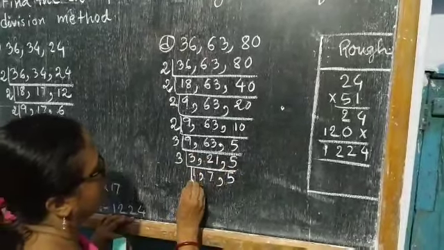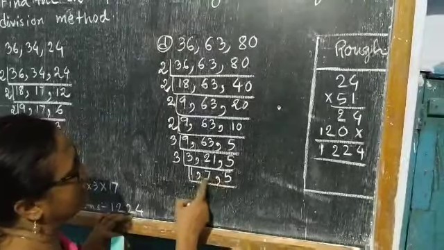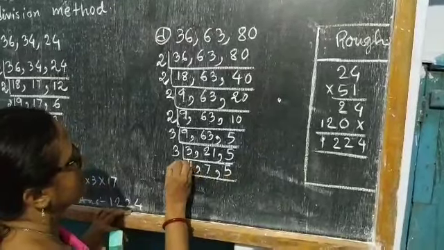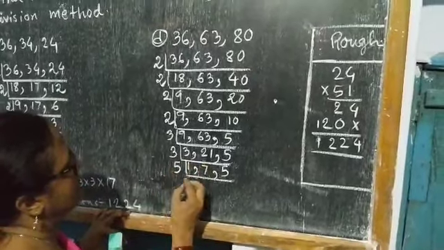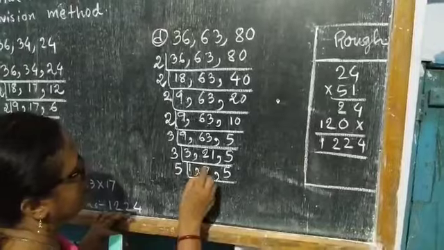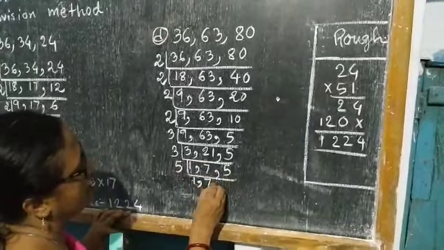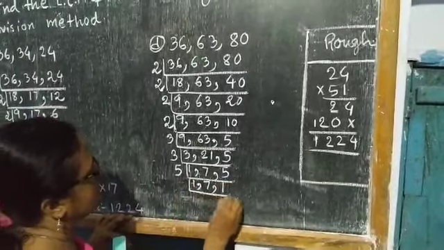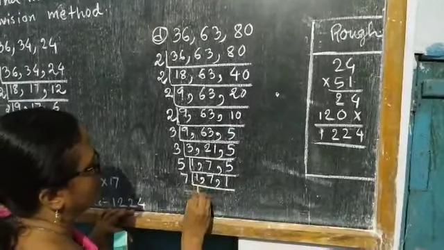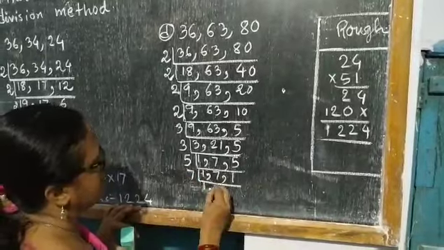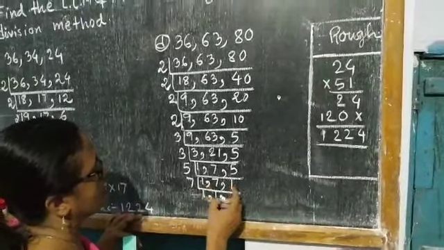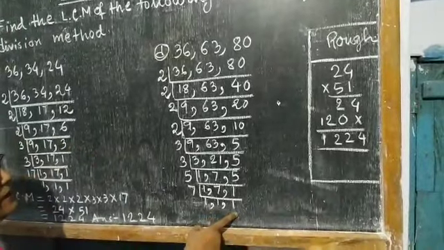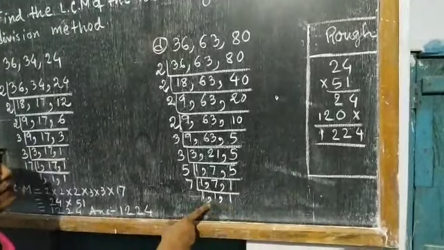Now none of them are divisible by 3, so you try the next prime number, 5. Yes, 5 divided by 5 is 1. 7 is not divisible by 5, so copy it down without dividing. Next, divide by 7. 7 divided by 7 is 1. Here also 1. Now you see all the numbers have the quotient 1.